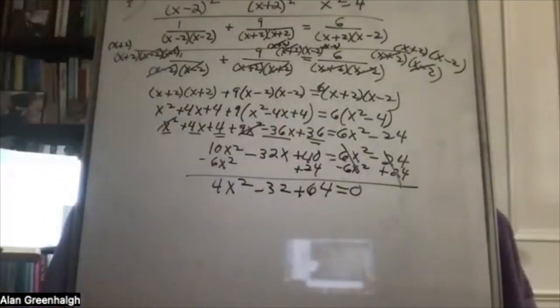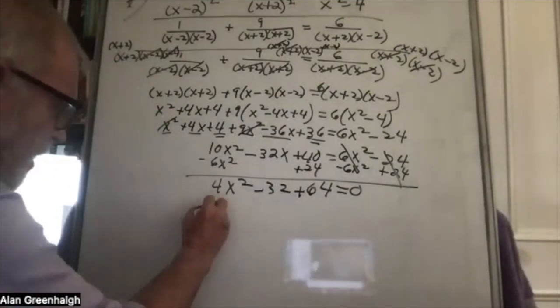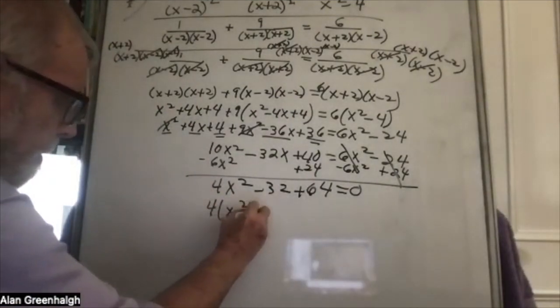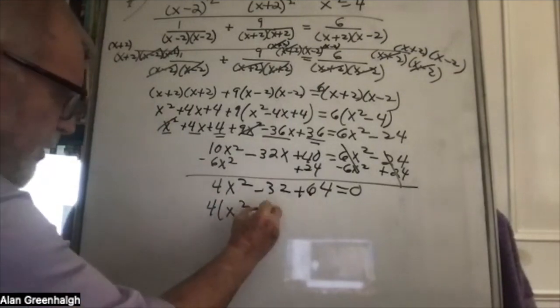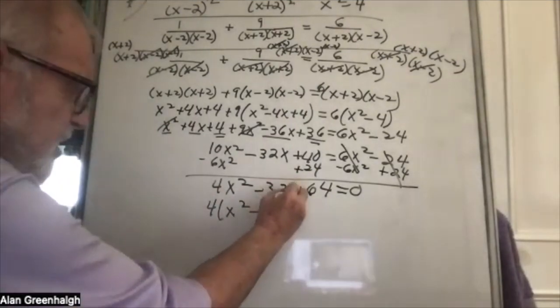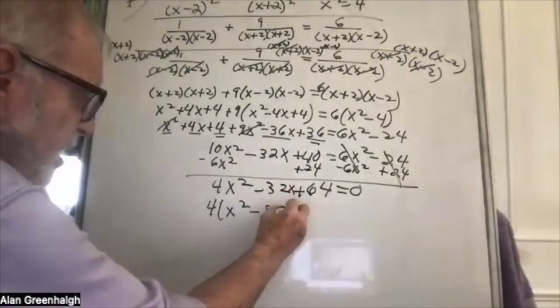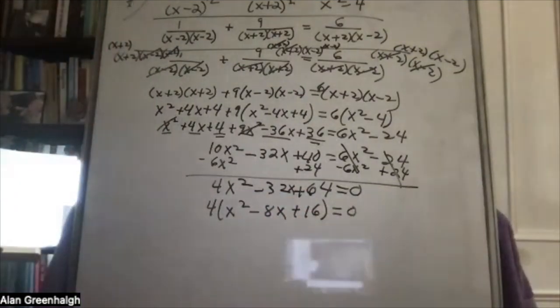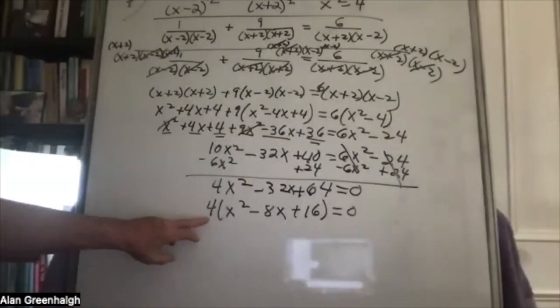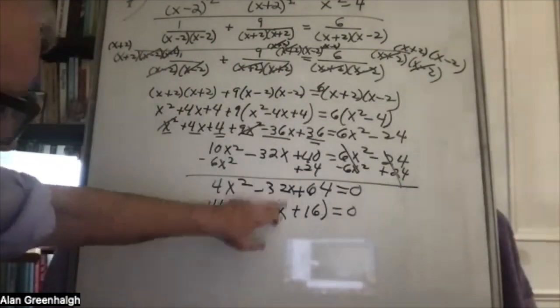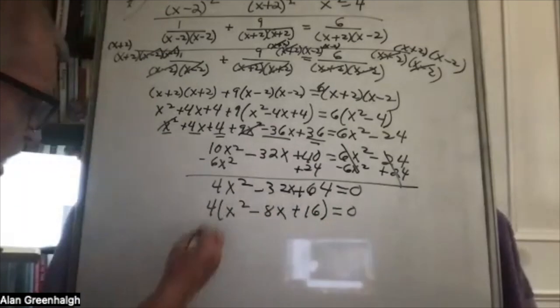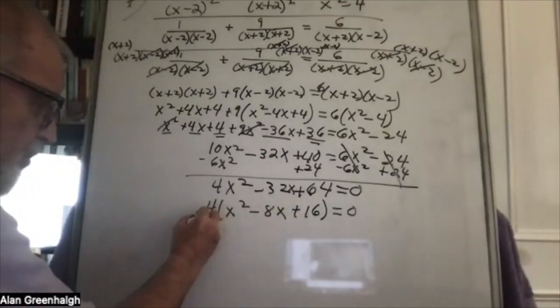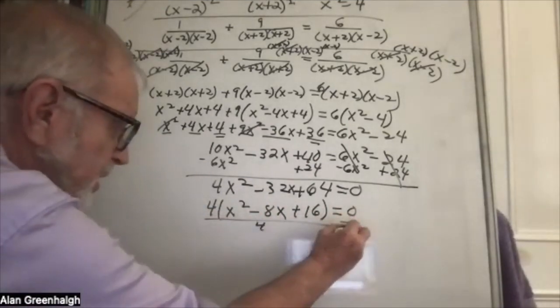Now I'm going to factor out a 4. This is an x. 8x plus 16 equals 0. All right, so 4 times that, 4 times that, 4 times that. Okay. Get rid of the 4. Divide by 4, get rid of it.